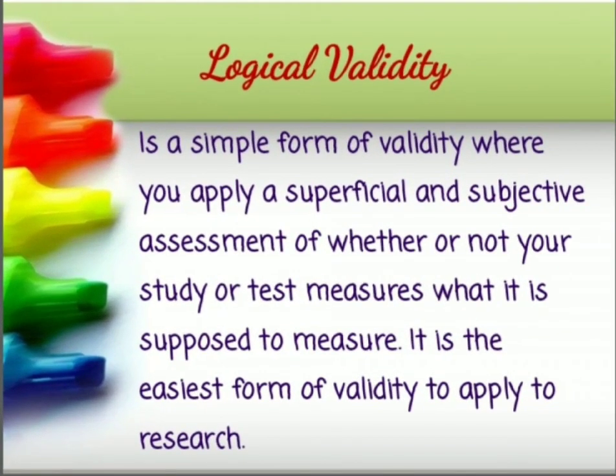And when we say logical validity, it is a simple form of validity where you apply a superficial and subjective assessment of whether or not your study or test measures what it is supposed to measure. Logical validity is the easiest form of validity to apply to research.